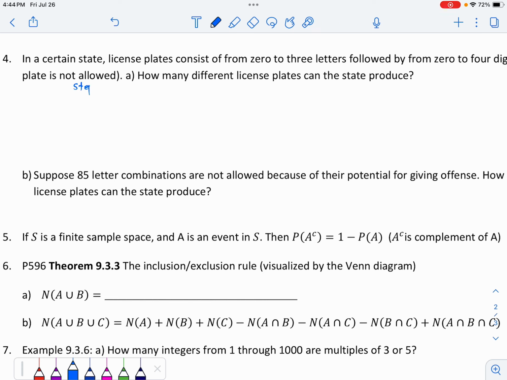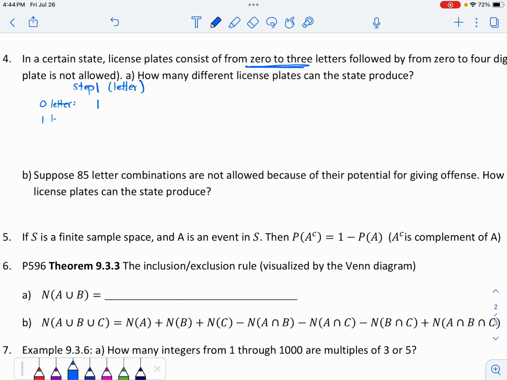Step 1, we form the letters. You can have from 0 to 3 letters, so you can have 0 letters. How many ways to form a result with no letters? Only one way, you just don't pick any.